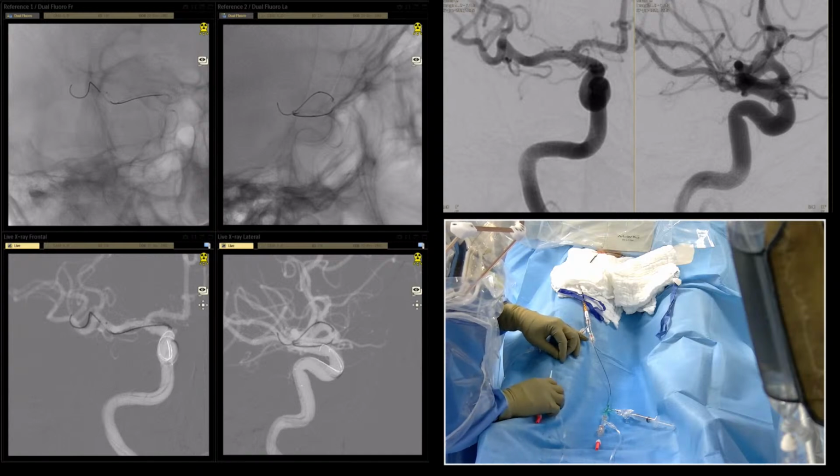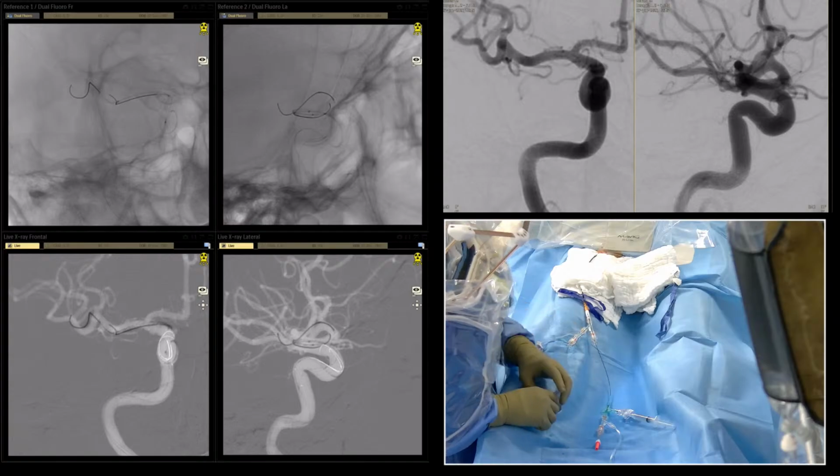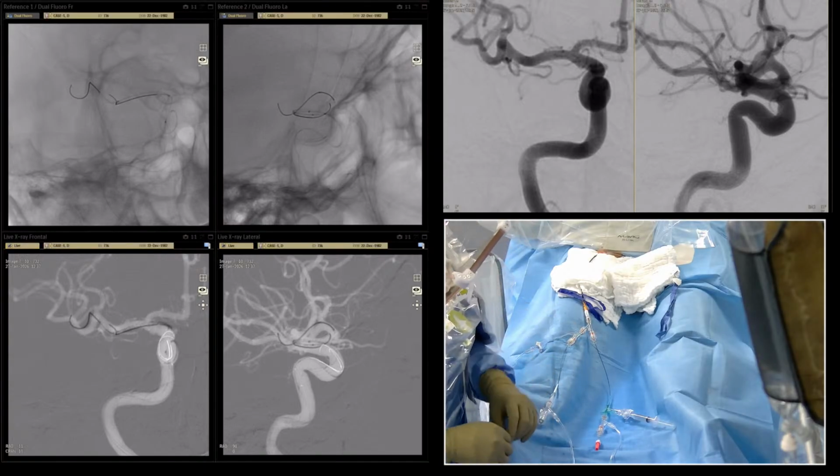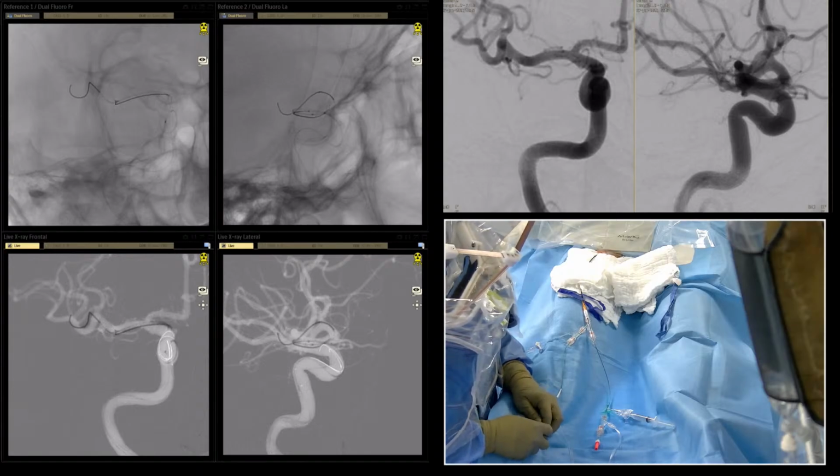Okay, the catheter is going up, but we should go down. It's not all the time controllable. I'll try to. Now it's like it's in the aneurysm.